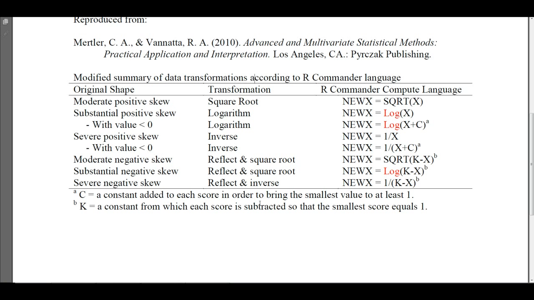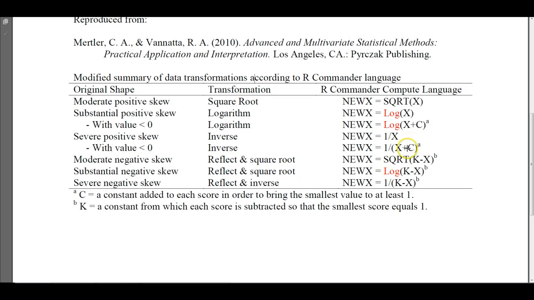So if the minimum value is 0 for that variable, then you need to add at least a value of 1, so the constant c would be 1. If the minimum value was -1, then your constant needs to be 2, because -1 plus 2 is 1. So then that would give you the smallest value being at least 1.